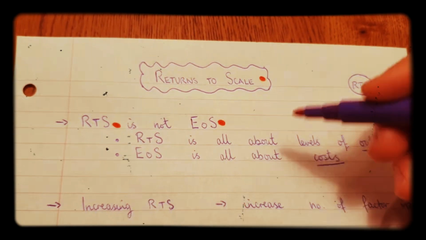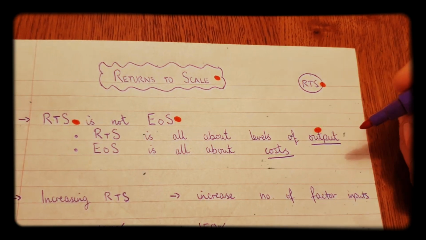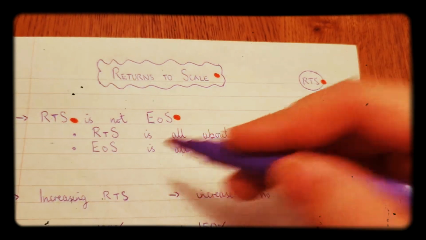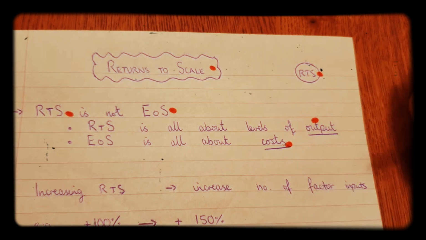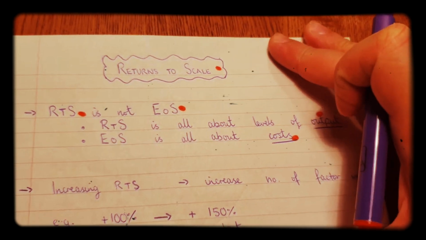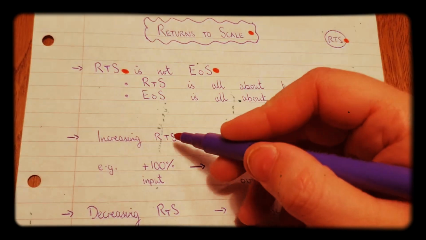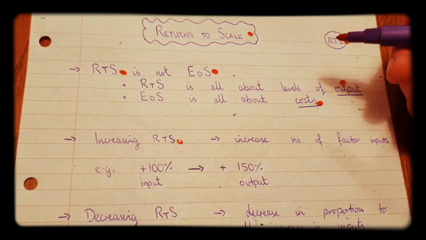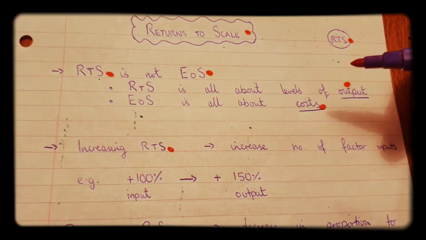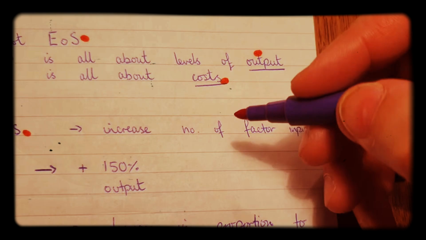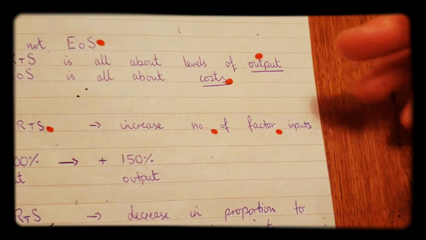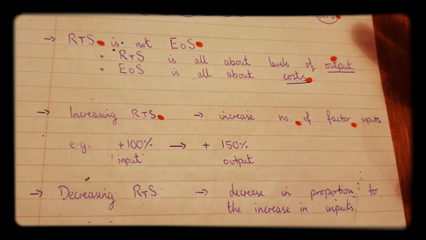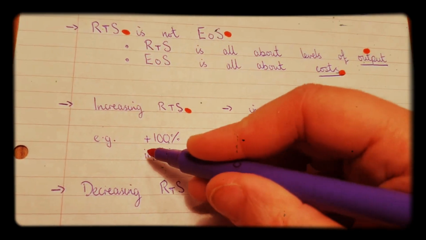Returns to scale is all about output, whereas economies of scale is all about looking at cost savings. Now, increasing returns to scale, you need to know about this. Increasing returns to scale is when there is an increase in the number of factor inputs, let's say, for example, by 100%.